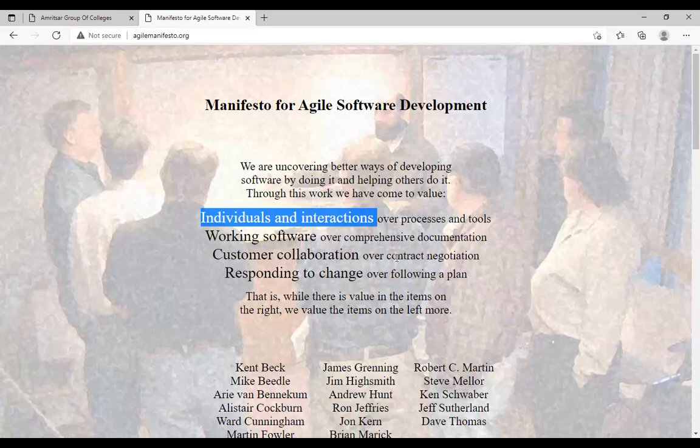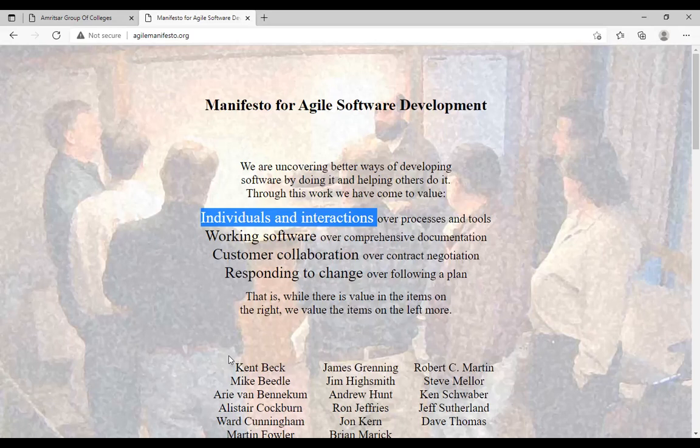Then working software over comprehensive documentation. Agile methodology says it is important to give importance to the working product rather than to paperwork or documentation. In other methodologies, the documentation part is very important, but agile methodology says your model or your work should speak practically, not theoretically.